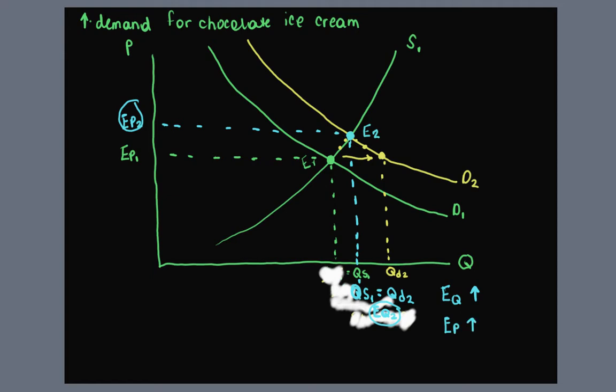This is intuitive. If people start demanding more ice cream, then suppliers are going to want to supply more of it at a higher price. They want to meet that demand at a higher price. This is just common sense. All we've done in this illustration is show how we can show that on a supply and demand model. So I'm going to start again, and now I'm going to move on to part C.